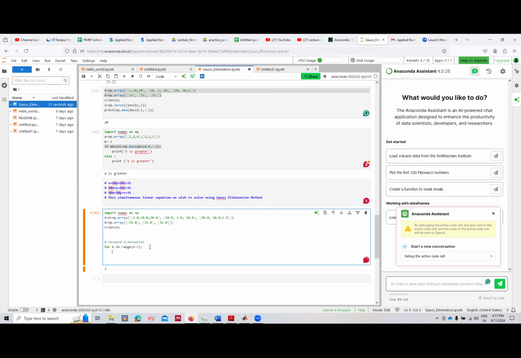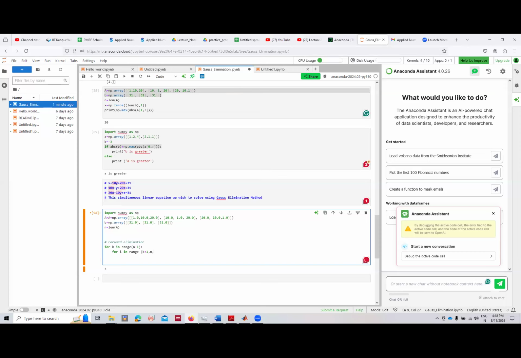Now for each pivot row, suppose I have selected the first column, A11 is my pivot. So from the second row, I will replace the values. So for i in range, it will start from k plus 1 and go up to the last row, which means n.